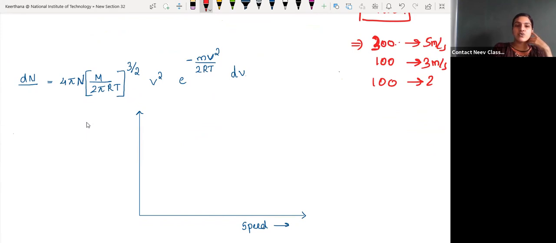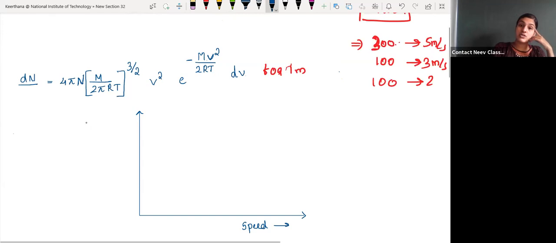dn is equal to 4 pi N, (M by 2 pi RT) raised to 3 by 2, v square, e raised to minus M v square by 2 RT, into dv. This equation is for 1 mole of gas. Sorry, this M is molar mass. No need to remember this equation.